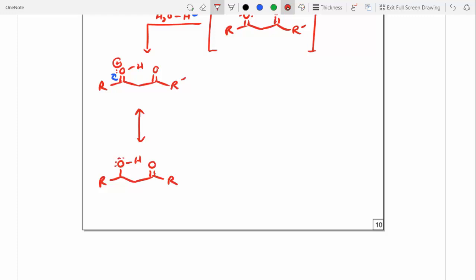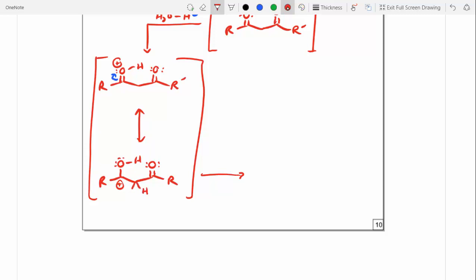Now we've got two lone pairs up here, and we've got a carbocation. And what do you think the last step is? Elimination. It looks just like a reaction we saw last term, where we've got beta protons right next to a carbocation. We've got a weak base, that's water. So this water can actually grab one of these beta protons, clamp down, and we go back to our enol.